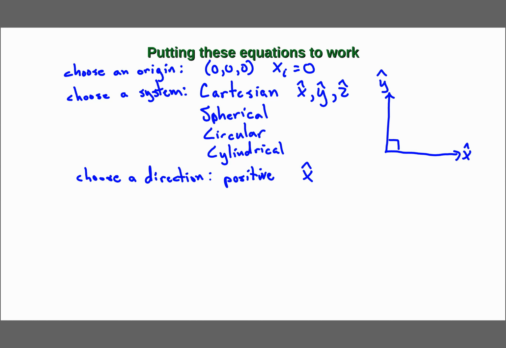But we choose how we're going to align this thing. And what we generally do is align it to our physical system, again, to make the problem easy to solve for ourselves. So those pieces are all involved in choosing a coordinate system.